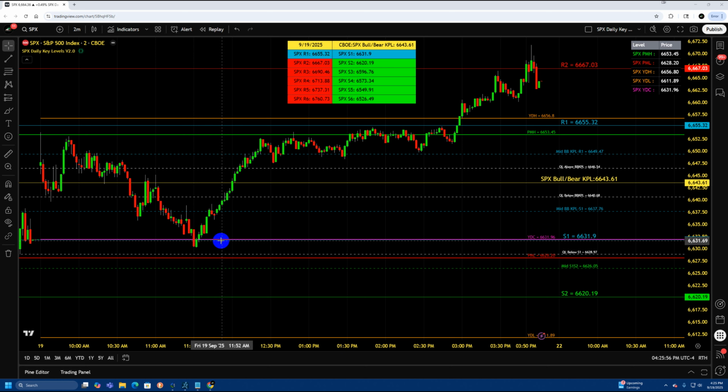So S1 is a main level. Also S2 is a main level. The first quarter level below S1 is this here, QL below S1, 66.2897. So that's your tight stop loss.